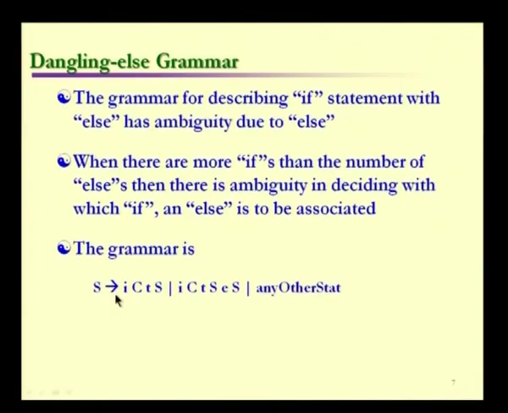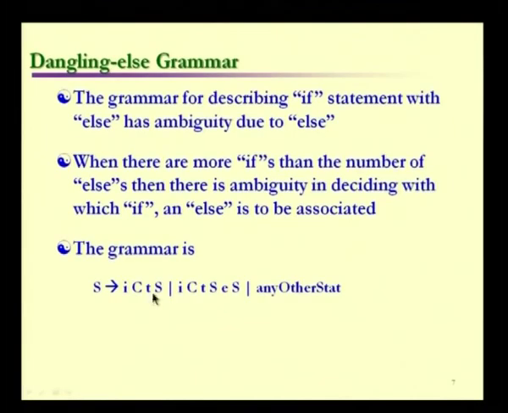If you always have an equal number of then components and else components, we will never have any issue, because every then part will have an else part. But with more then components and fewer else components, the issue is with which then a particular else is to be associated. So, this is the problem called dangling else.